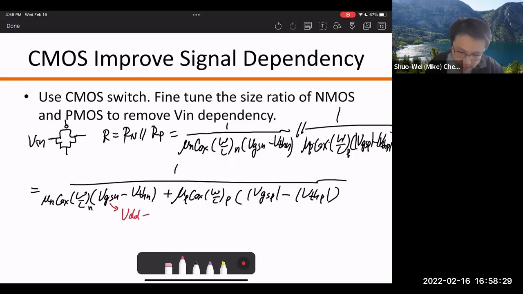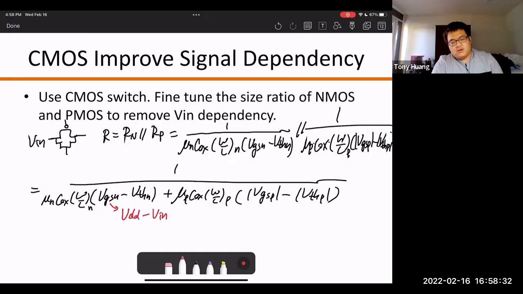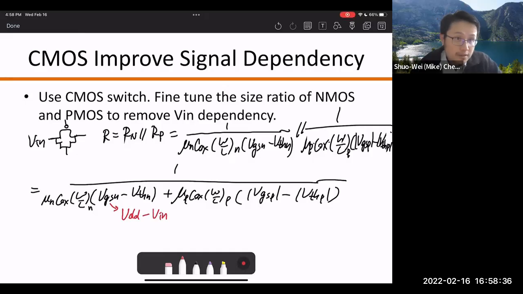So this will be VDD minus Vin. Okay, so that's the gate-source voltage of the NMOS. What about the gate-source voltage of the PMOS in the tracking mode? In the tracking mode, the gate of the PMOS, usually we tie that to ground, right? So the VGSP here is basically just Vin.